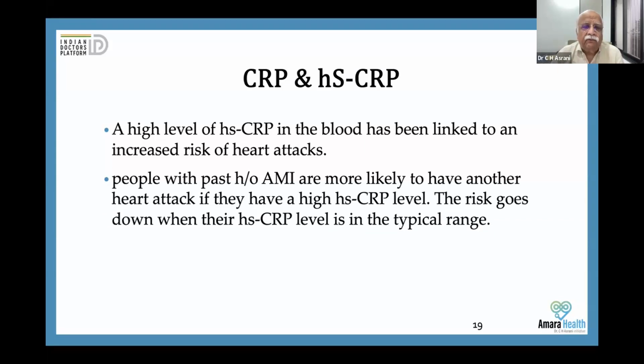The risk goes down when their HSCRP level is in the normal range. So now, when you have a patient with an acute infarction in the past, or who has known coronary artery disease, when you check the lipid profile once in 6 months, you should check HSCRP also, because an elevated HSCRP means a higher risk for a second infarct.